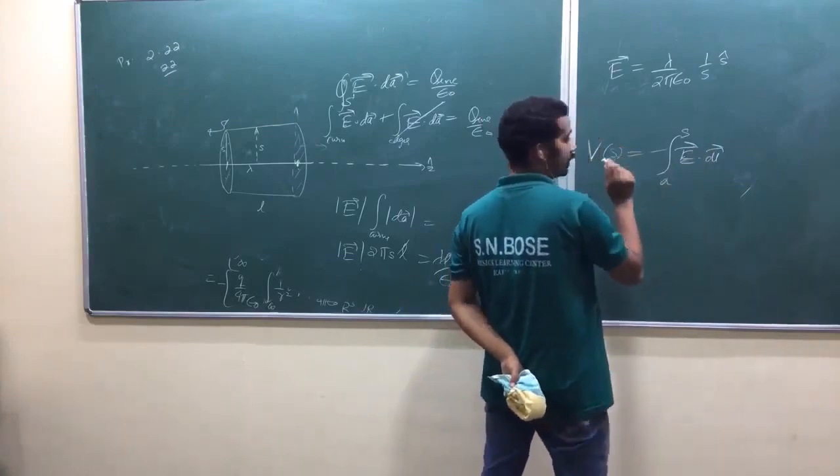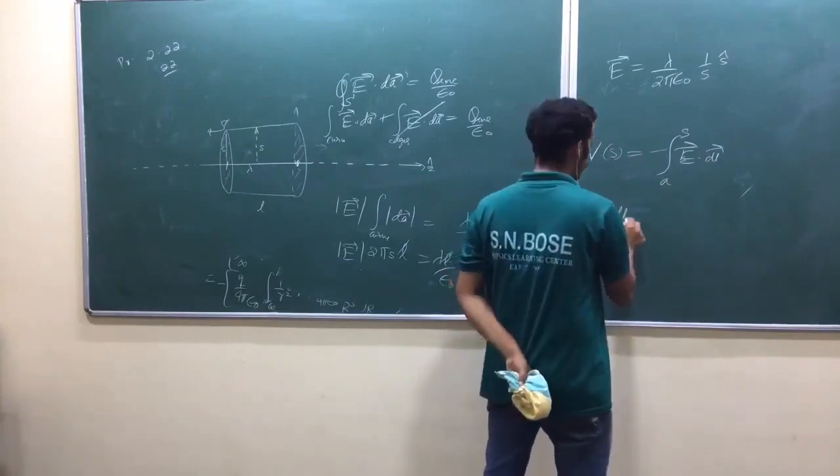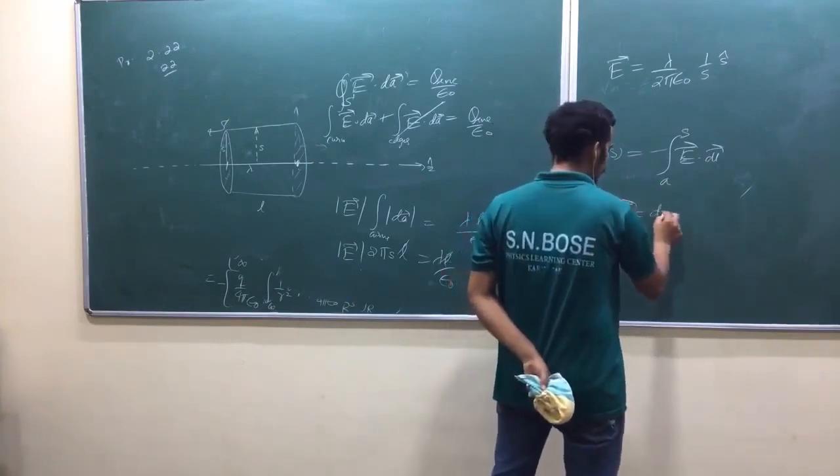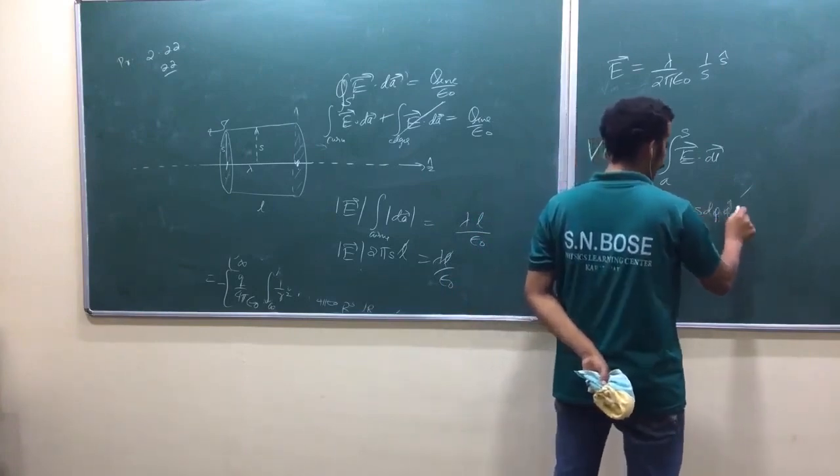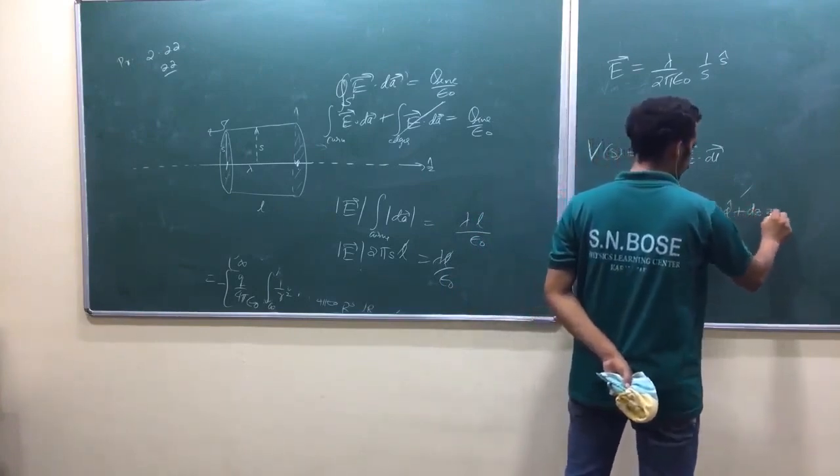Again, you are doing the integral in cylindrical coordinates. What is your dl vector? ds S cap plus S d phi phi cap plus dz z cap.